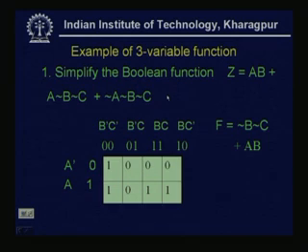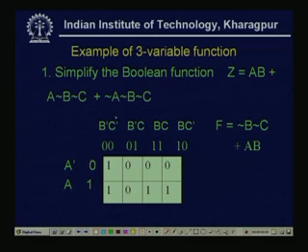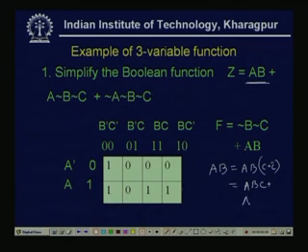Now, one thing we notice here: this is a 3 variable function, but in the first min term A B, one literal is absent. If I introduce the literal which is absent there, A B becomes A B times C plus C bar, which means A B C plus A B C bar.